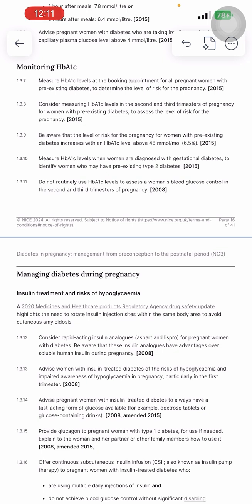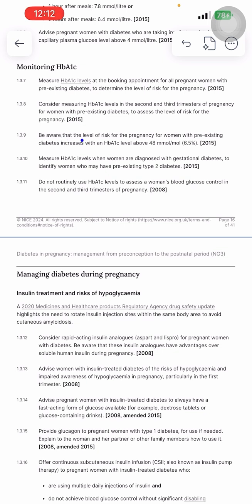Some patients may not have done their pre-pregnancy counseling and directly get pregnant and come to you. In that case you have to tell the patient that your glucose is uncontrolled and you have not done your pre-pregnancy counseling, so there is a more than 90% chance that your baby will get congenital abnormalities.